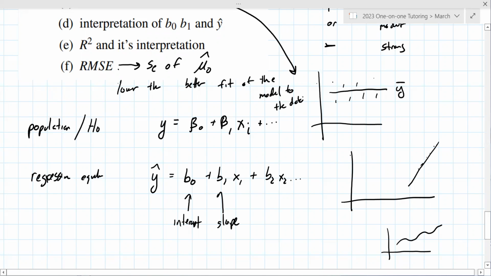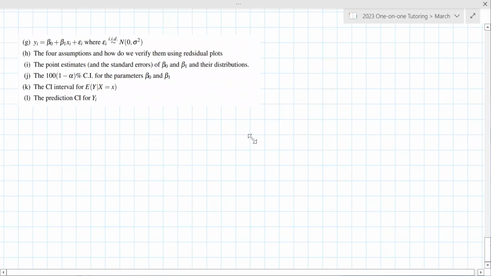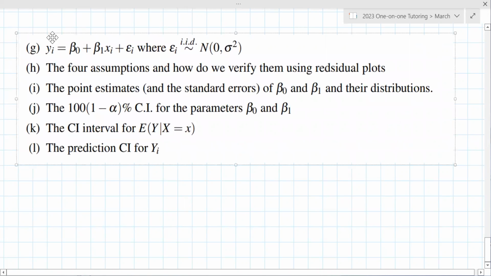Okay, that makes sense. All right, let me grab another grouping of these. Okay, G is straight from a question we did earlier.